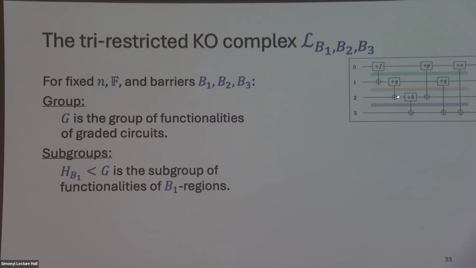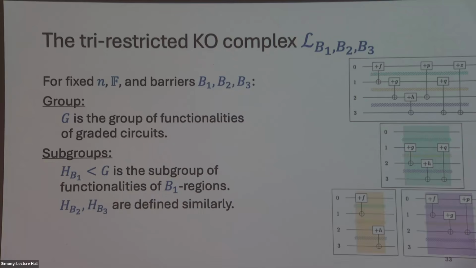And then you can make subgroups of this group by considering these barriers. For instance, if you look at the circuits that don't cross barrier B1, you get a subgroup. This subgroup contains this G and this H and this Q, because none of them cross the green barrier. You make two other subgroups corresponding to the two other barriers, and then you have a rank 3 coset complex.